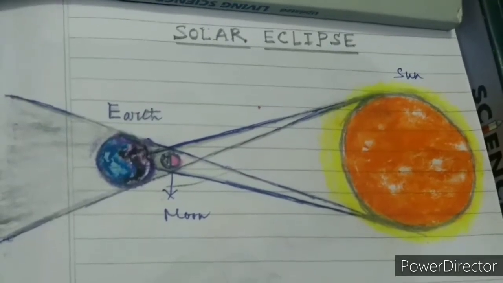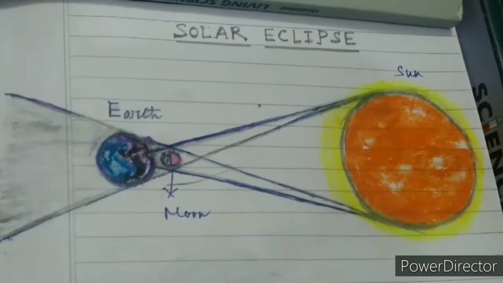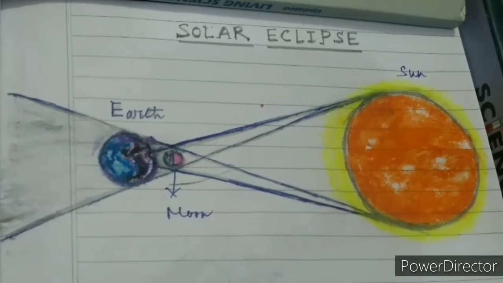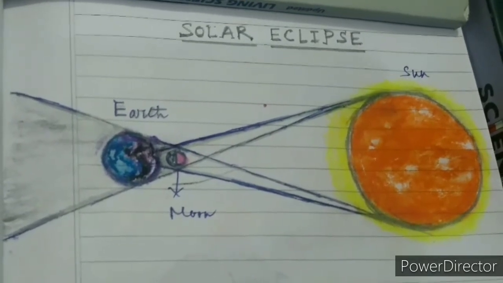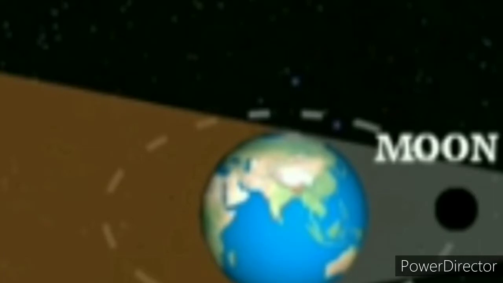So before drawing this, I just want to revise why these solar eclipses occur. In this figure you can see that around the earth the moon is revolving in an elliptical path. As you know, the moon is the satellite of the earth, so it revolves around the earth.